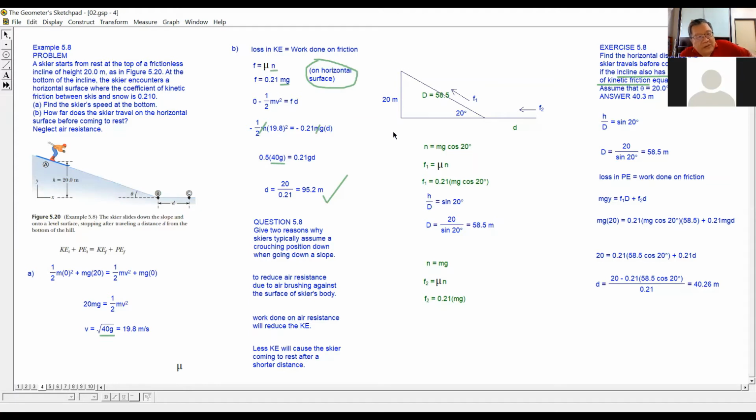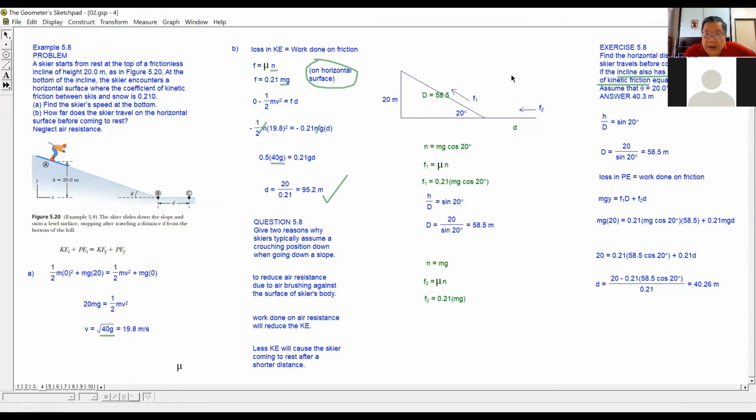The vertical height cannot be used to find the work done against friction. It can only find the potential energy. Because the frictional force acts along the surface of the inclined plane, you have to find the distance along the surface of the inclined plane.